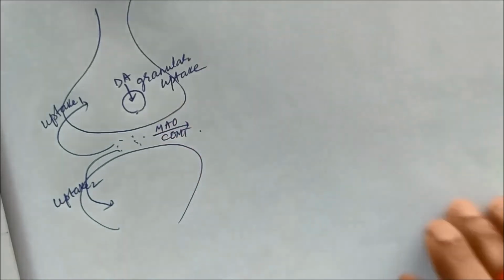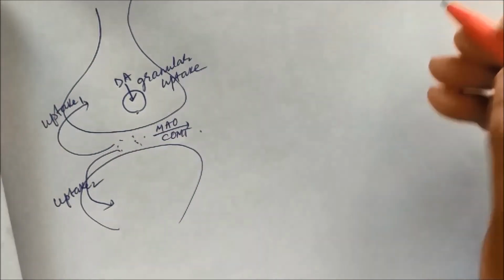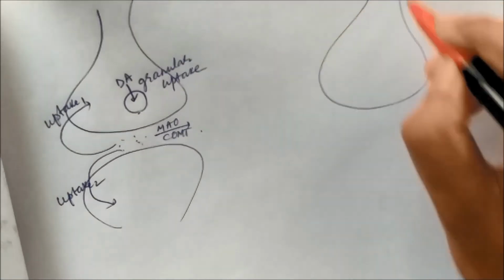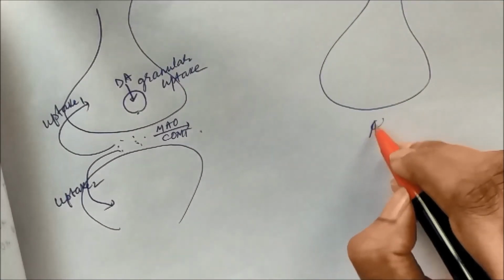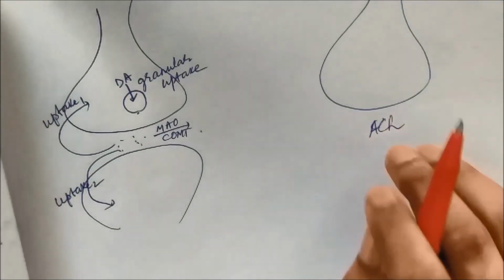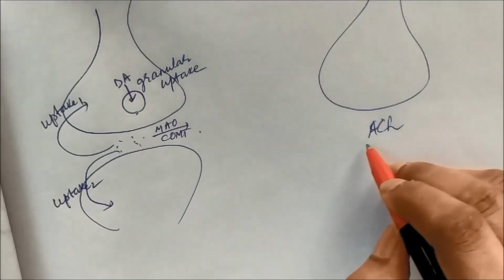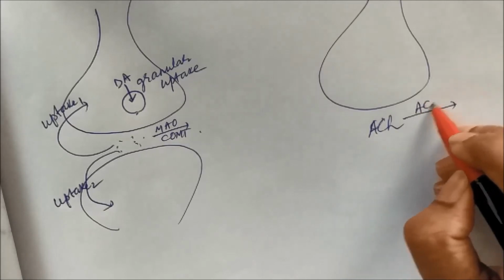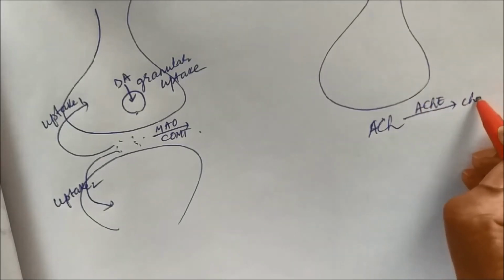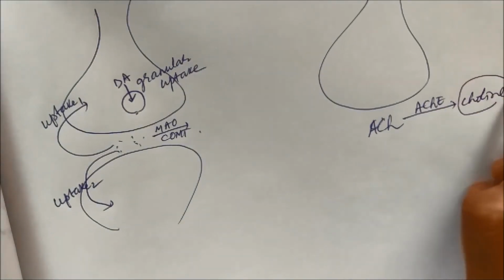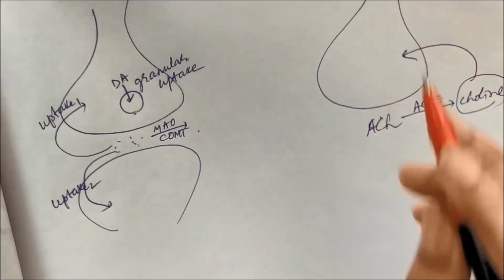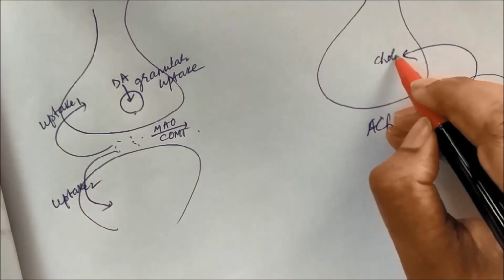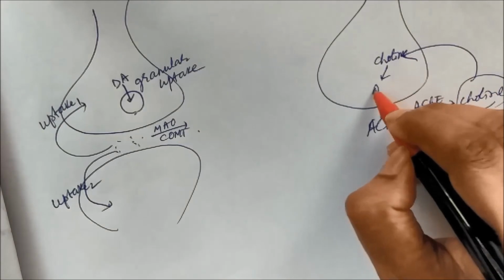And in cholinergic there is no uptake of acetylcholine, so there is no question of termination by acetylcholine uptake. However, after degradation by acetylcholine esterase, there is uptake of choline, which will be a precursor for the synthesis of acetylcholine.